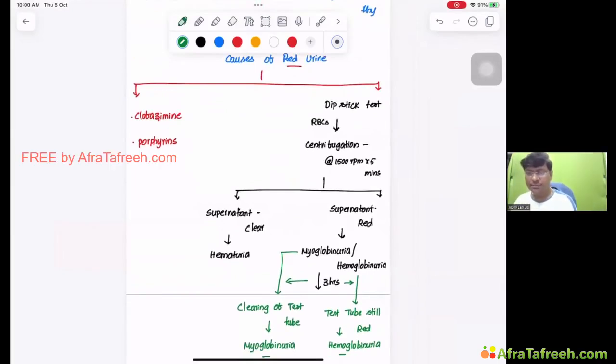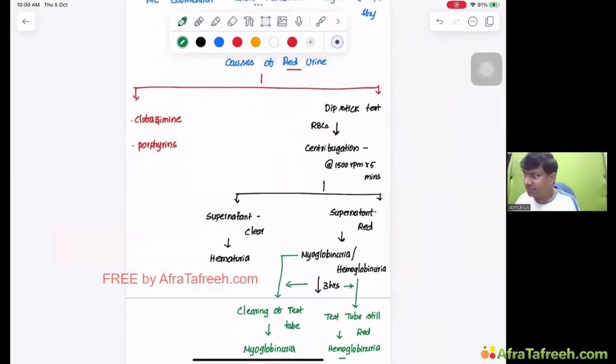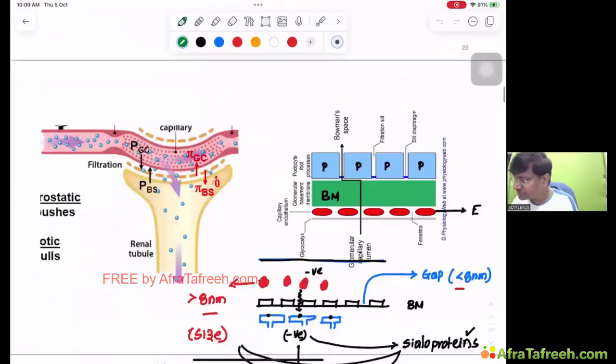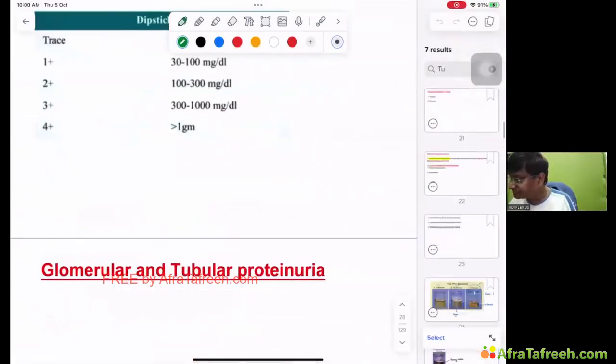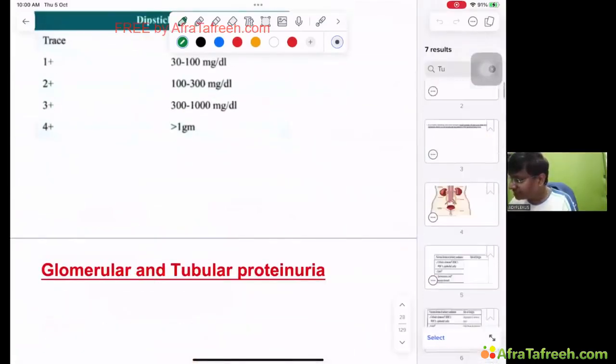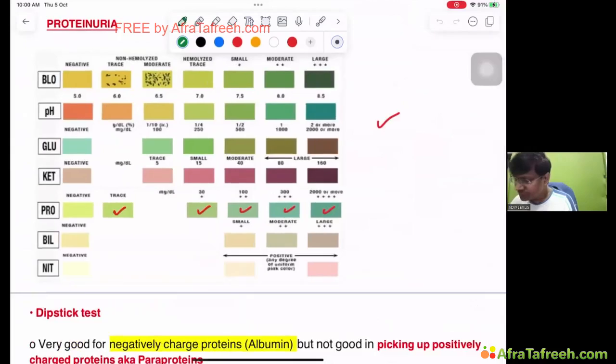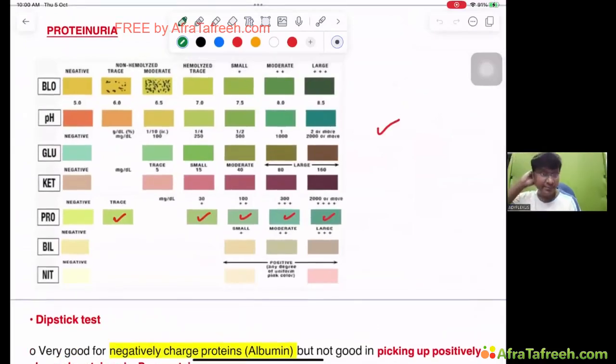Yes, the dipstick test can be positive for myoglobin as well as hemoglobin, right? Because in recent times, the dipstick tests have had a lot of improvisation. They are not only analyzing proteins.